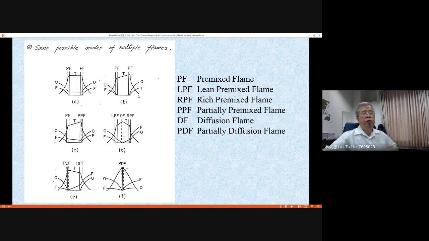That means these two flames are basically stoichiometric, and they will reach the highest temperature at the flame locations. For these two flames, there is a flame temperature on the right-hand side and a flame temperature on the left-hand side. But they show that the flame temperature of the premix flame on the right side is higher than the other one, which means the temperature profile will have a gradient.